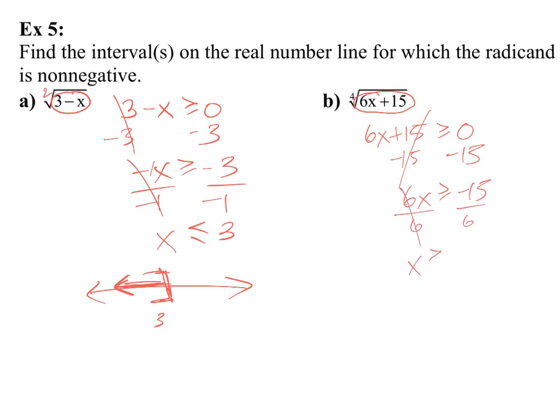X is greater than or equal to negative 5 over 2. Just simplifying that. Negative 5 over 2 is negative 2.5. And I'm going to the right. I will be using a bracket once again, since it includes negative 5 over 2. That's all there is to it.